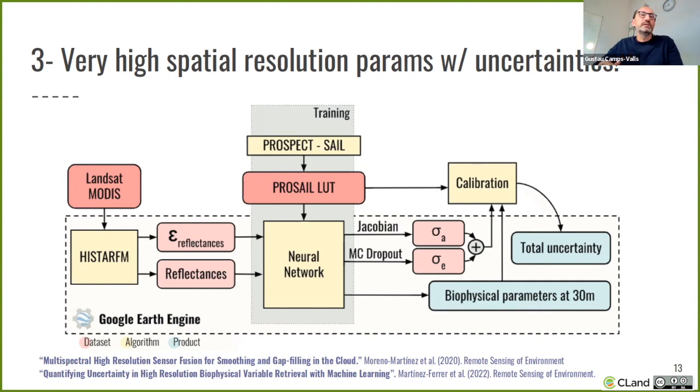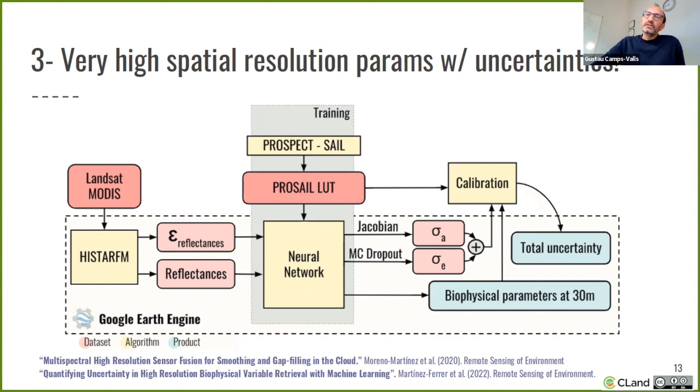This is quite easy. The other uncertainty term comes from the neural network itself, from the model uncertainty. For that, we use a method called Monte Carlo dropout, MC dropout, which is able to estimate this sigma E, the uncertainty associated with the model inaccuracies. We can assume that both are independent, so we can sum them up, and we do. But now there is a second step, which is the calibration.